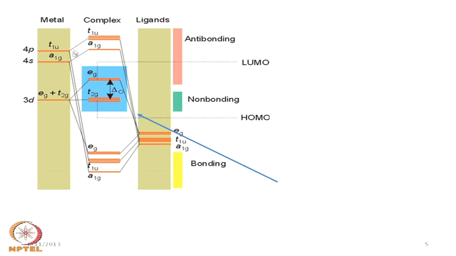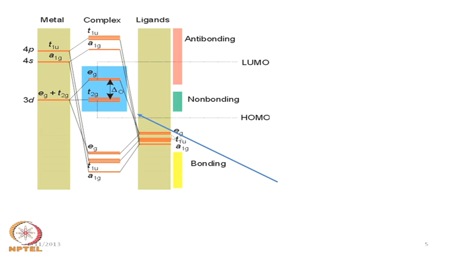Similarly, if we go up further, we will have the corresponding antibonding orbital of A1g symmetry, because it is interacting with 4s, and the antibonding orbital of T1u symmetry, that is T1u star. So, they are at much higher energy levels.